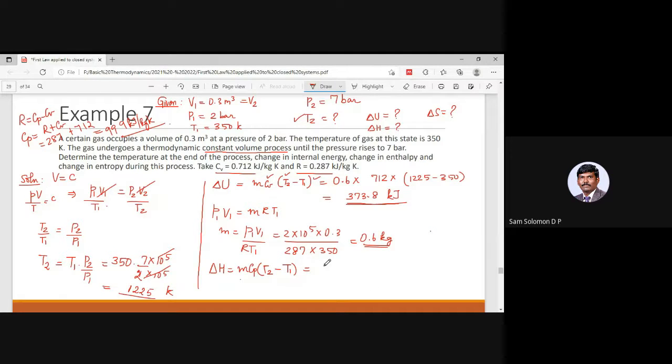So mass is 0.6 multiplied by 999. Is my addition correct? Sorry, into 10 to the power 3. No, 0.287 plus 0.712, so that would be 0.999 kilojoule per kilogram Kelvin.